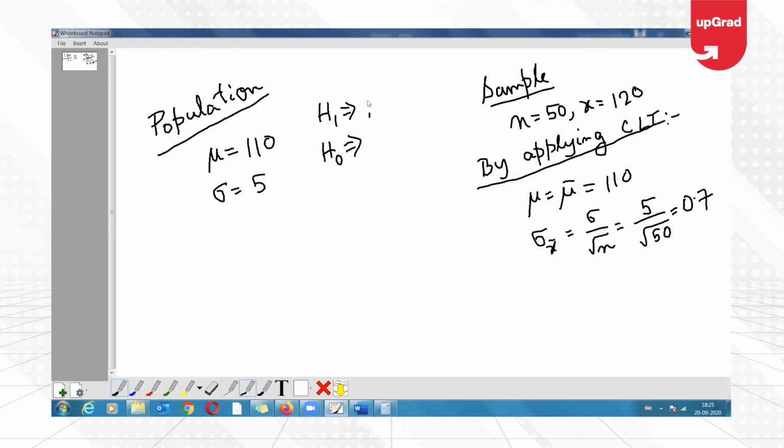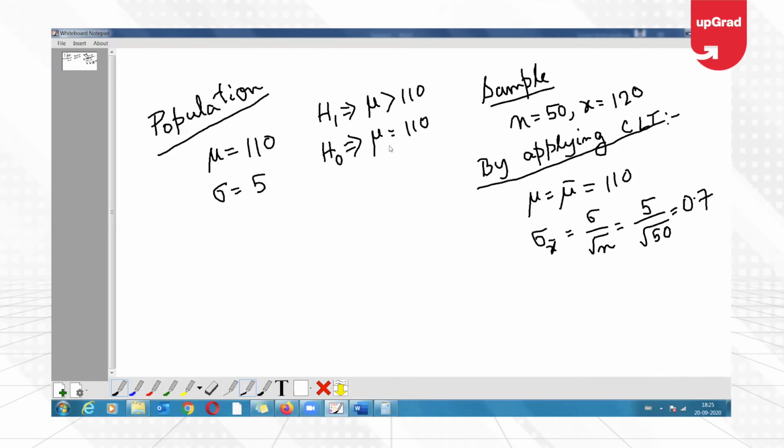The alternate hypothesis is that mu is greater than 110, and the null hypothesis is that mu is equal to 110.